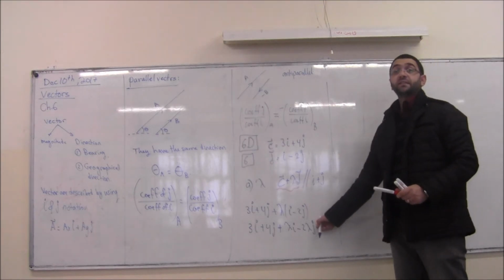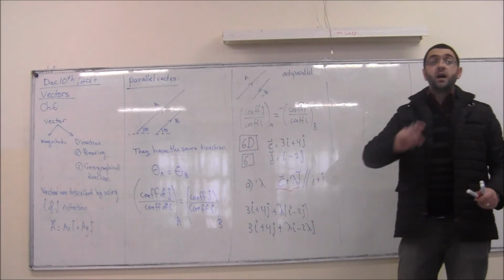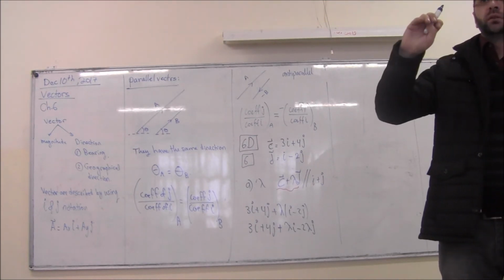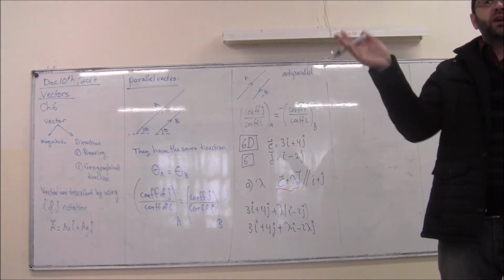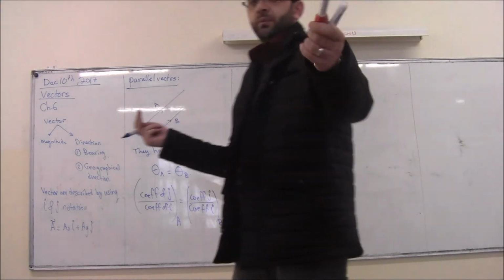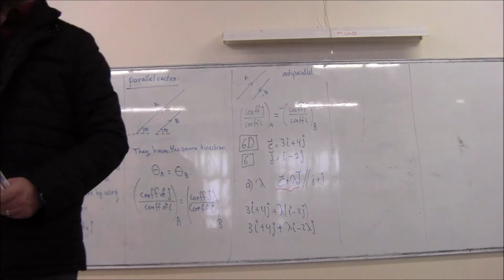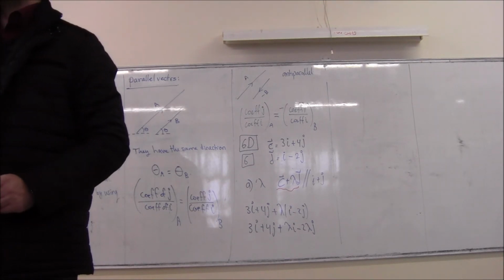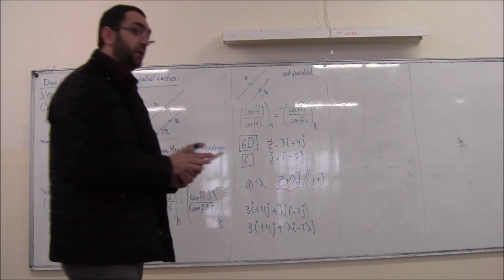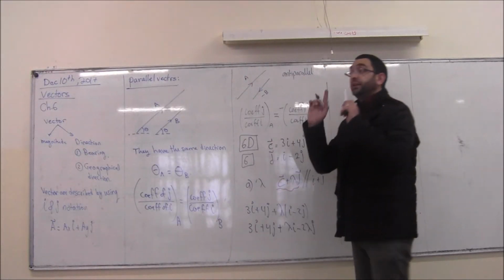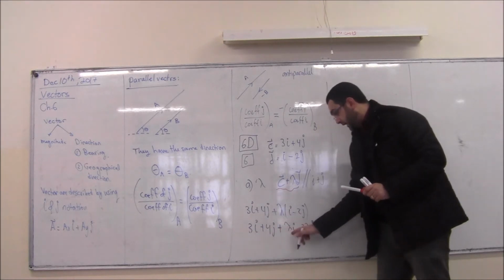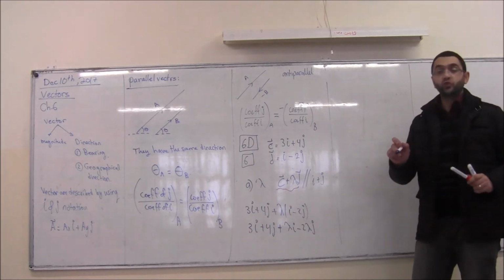Now in this case, I have only to add i with i and j with j. Why? Because i and j are perpendicular directions, so they are independent. So I can only add i to i and j to j.